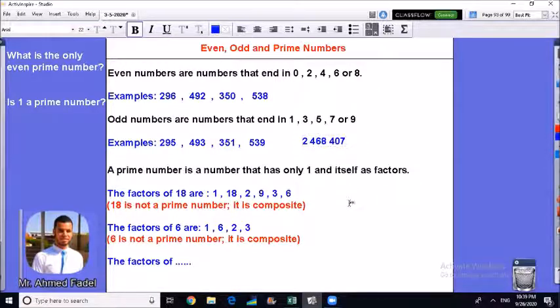Oh, look at this. The 2 is even. 4, 6, 8, all of them are even. 4 is even. 0 is even. 7, the last digit that we have here, is odd, so the whole number is an odd number. This is all that we care about, the last digit.